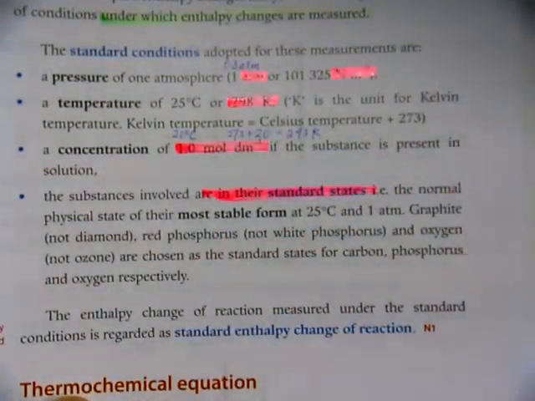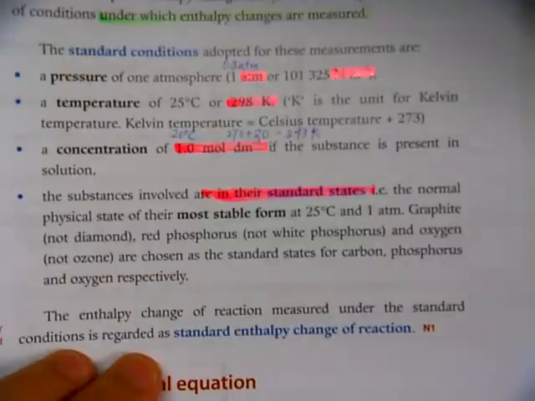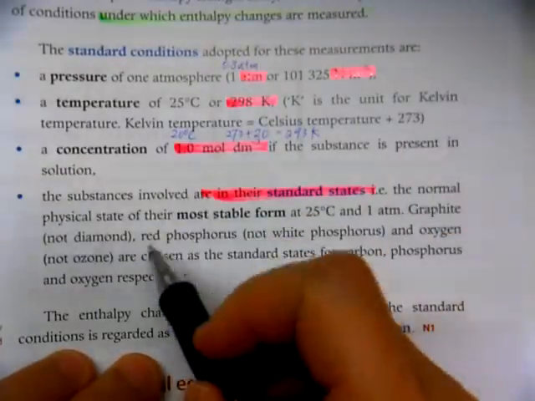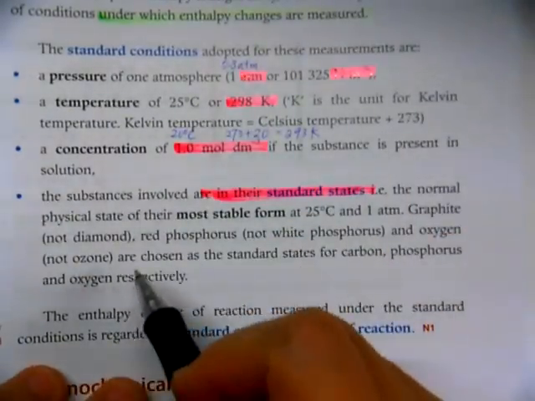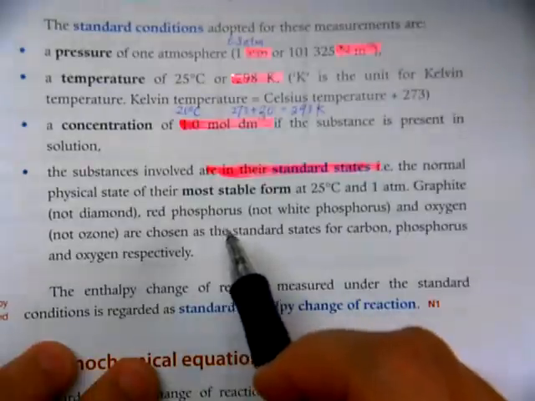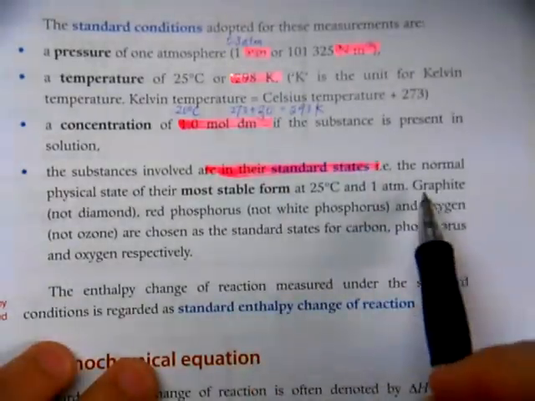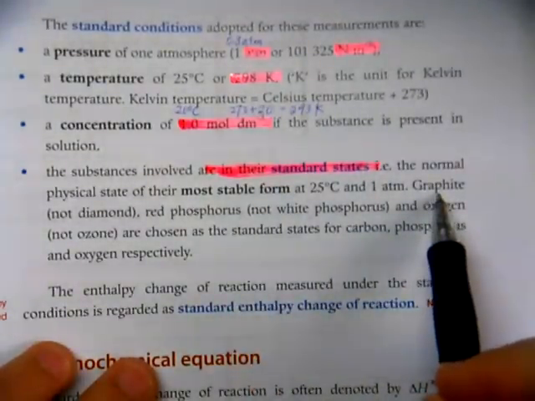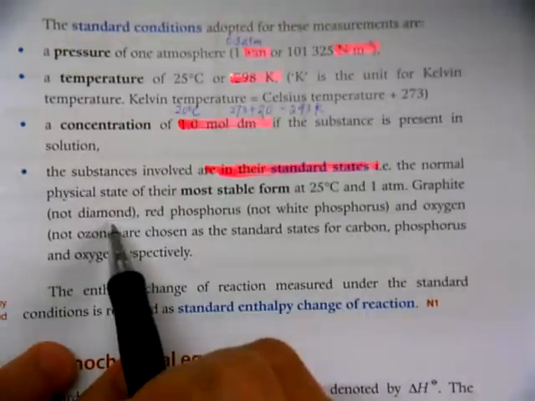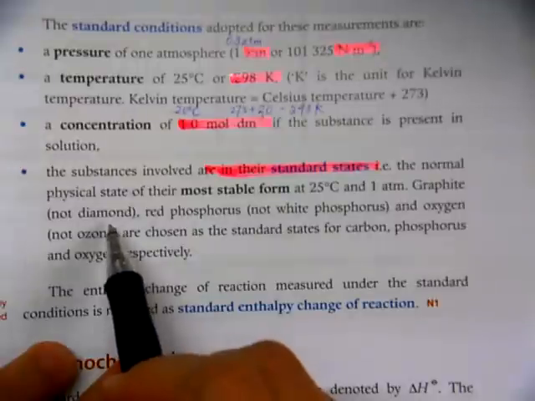Now, I give you an example. What is the meaning of stable standard state? Let's use carbon as an example. In book 1, you know that there are more than 2 forms of carbon. One is graphite, and others are diamond, C60, C70, nanotube, etc.